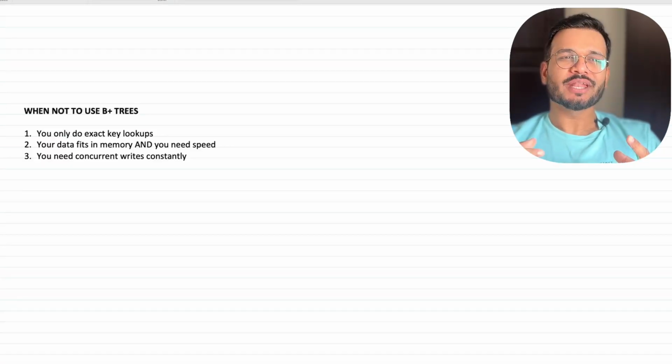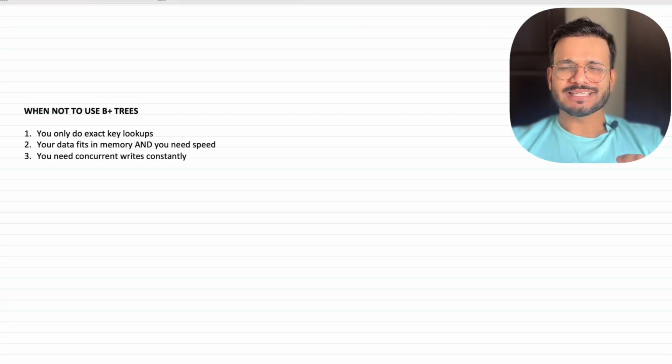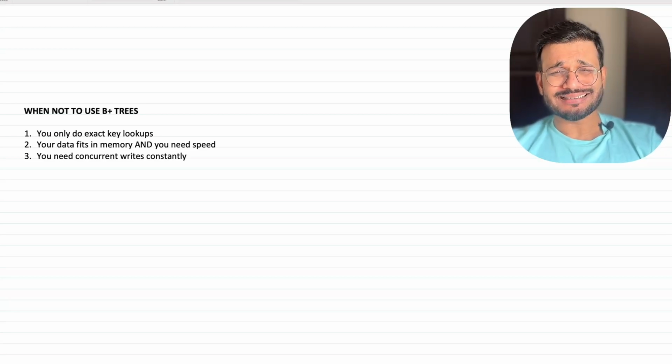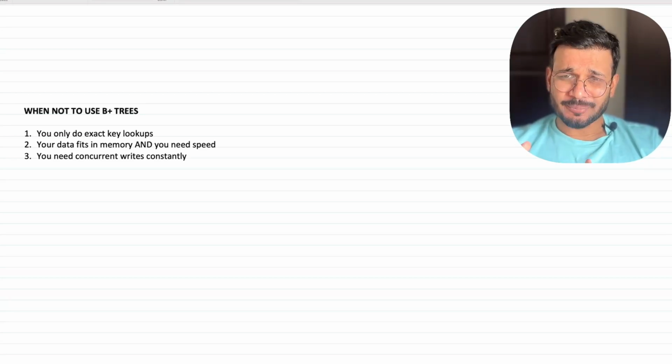Let's discuss when not to use B plus tree. So B plus trees are amazing, but they're not always the answer. For example, if you only do exact key lookups, a hash table might be simpler and faster to use than a B plus tree. What if your data fits in memory and you need speed? You can consider skip lists or hash maps in that case.